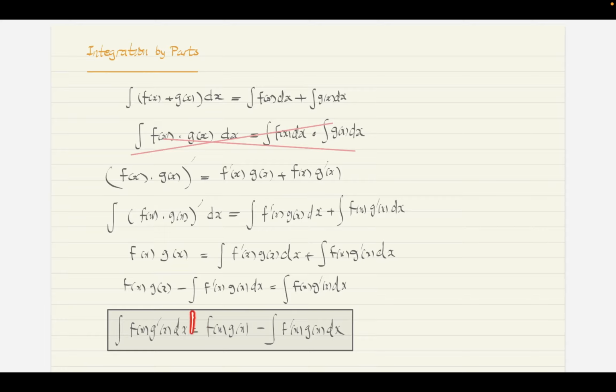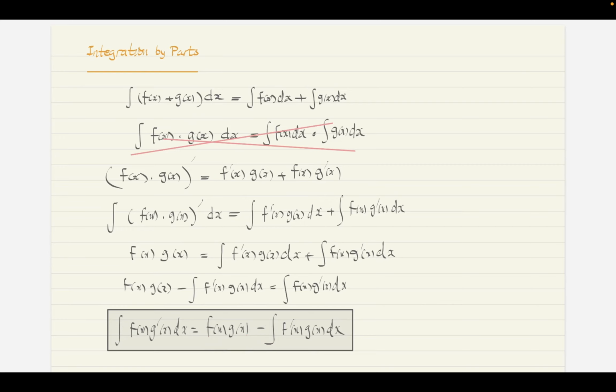So if I have an integral where the integrand is a product of a normal function and the derivative of a function, I can flip the prime from g and put it on the other one, but I have to put an extra minus sign, and I also have this term, which is usually called the boundary term.